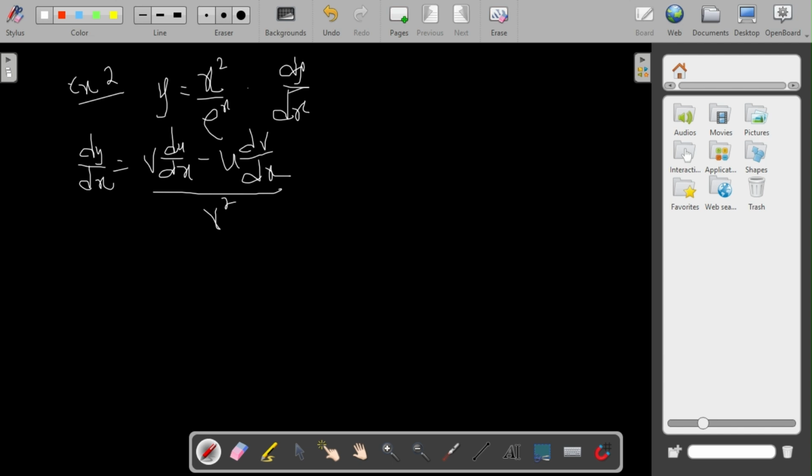If you have this, then it means that I can easily come here and spot what is u and what is v. So the question here is, what exactly here is v? That was exactly what we did in the previous one. So your v here is e^x.